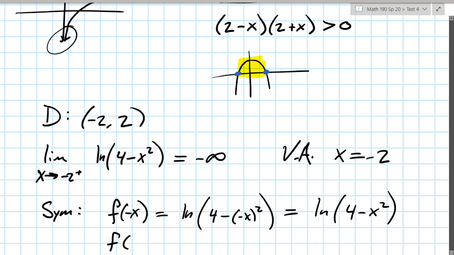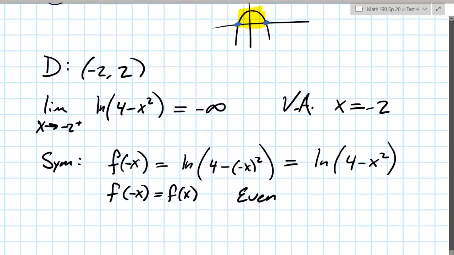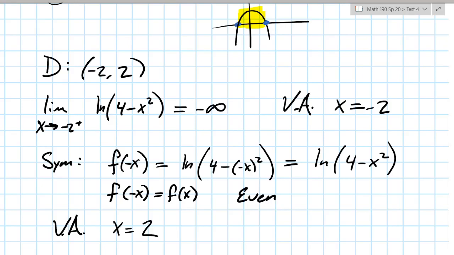Since f of -x is the same as f of x, that means we have an even function, which means there's y-axis symmetry, which tells us that we're going to have a vertical asymptote at x equals +2 as well. We don't have to worry about end behavior since the function is only defined between -2 and +2. So our next thing to check would be first derivative information.